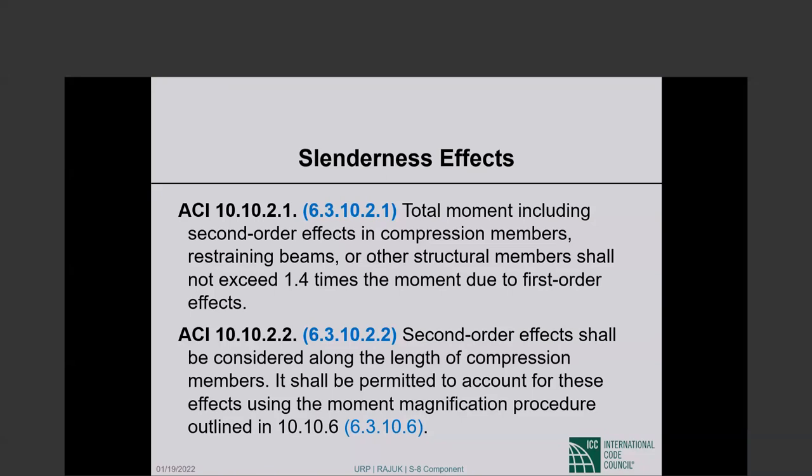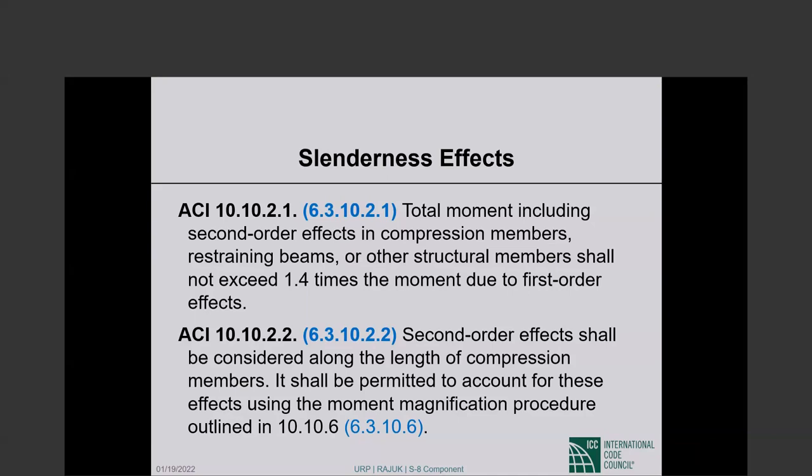Okay, so that limit has to be kept in mind. It's an important limit that again has been the subject of a lot of discussion subsequent to 318-08, and I won't get there. So for you, that is definitely a given limit that you have to honor.